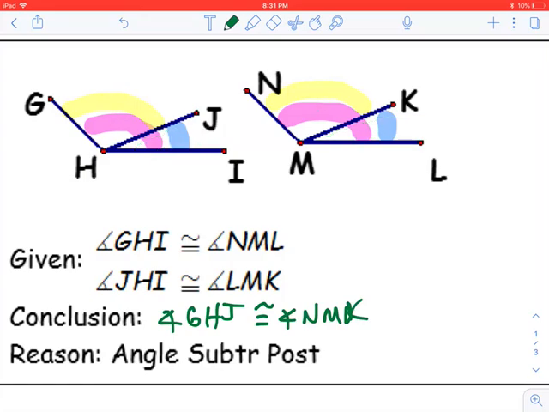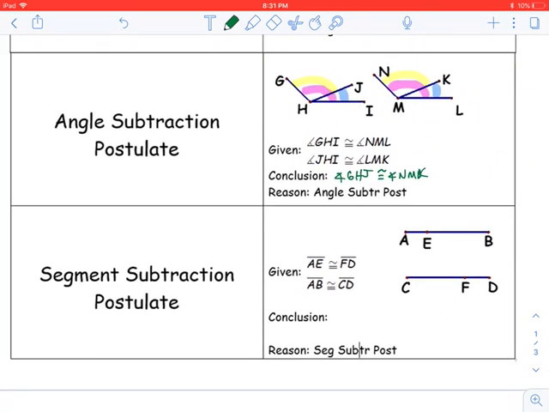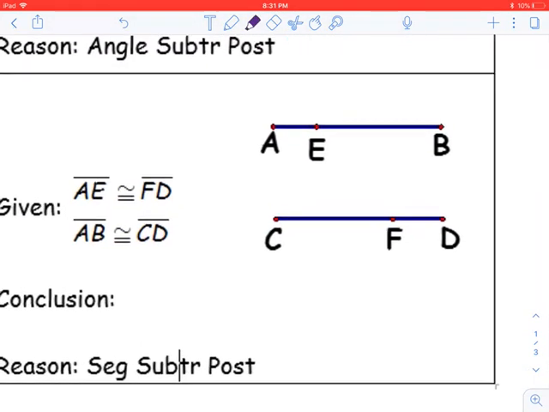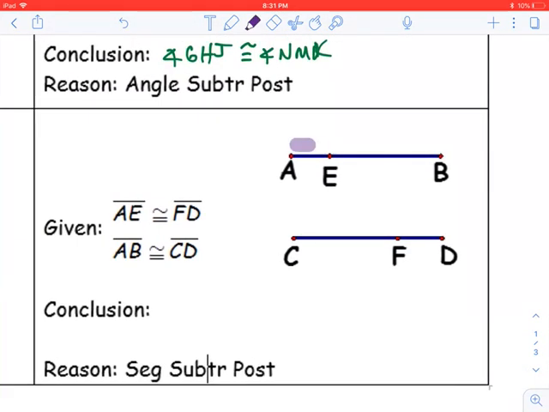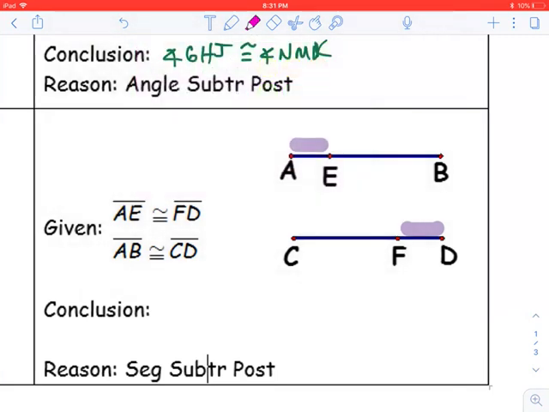Okay? So the last part, same exact deal. Segment subtraction: we're going to have the whole segment and then take off the part that we are given. So in this case, it says AE is congruent to FD. And then we also have the fact that AB, so the whole thing here, is congruent to CD.